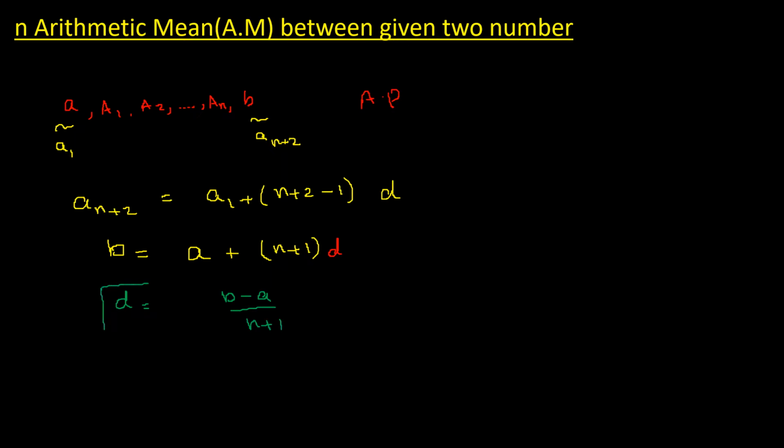As we know what d is, we can obtain the formulas for a1, a2, and so on by using the definition of arithmetic progression.